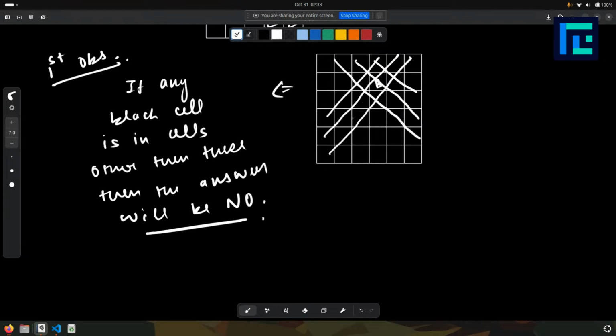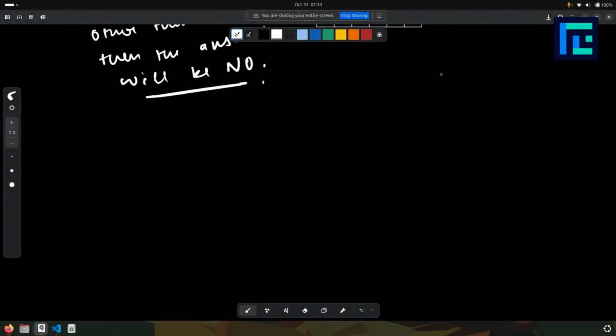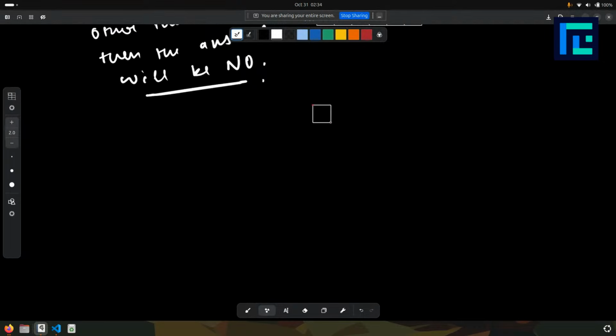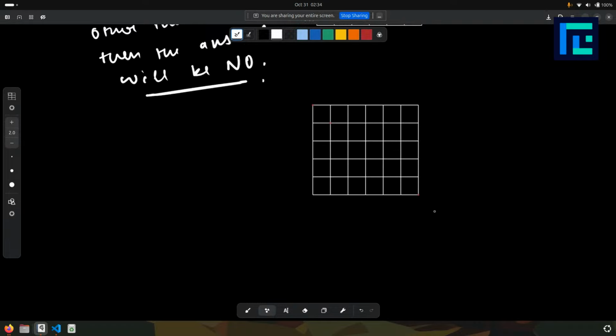Now, does it matter if we have any number of black cells on these cells, or even in these cells do we have some restrictions? Let's see that as well. Let's say I have this black cell here, and we can go here, right? We can connect all these cells.